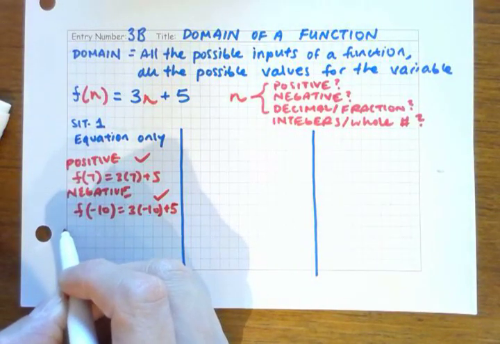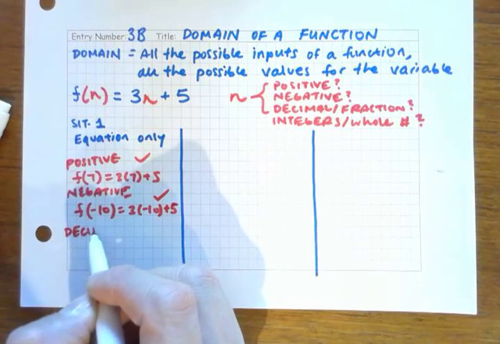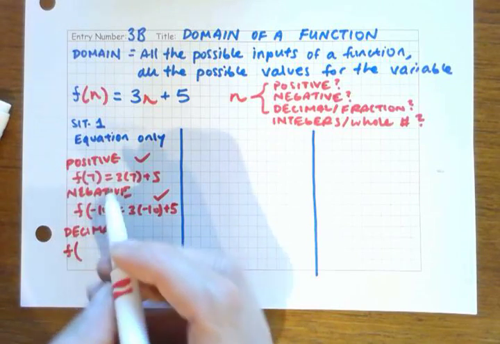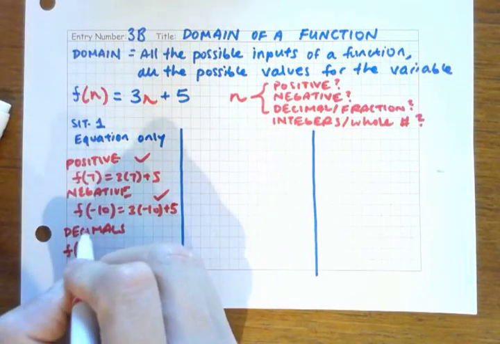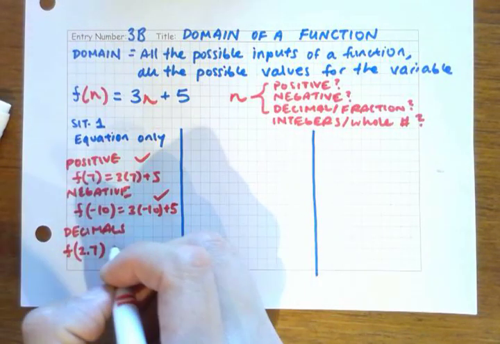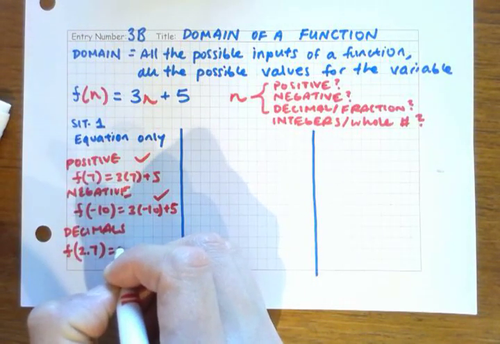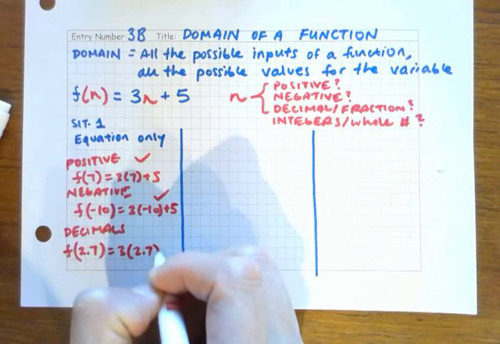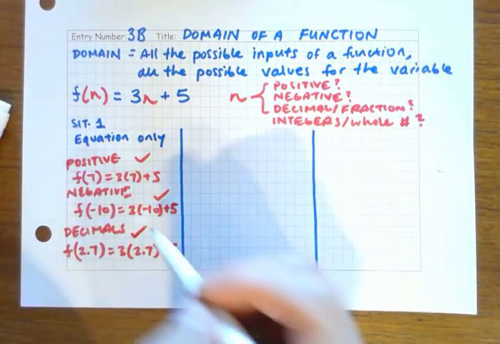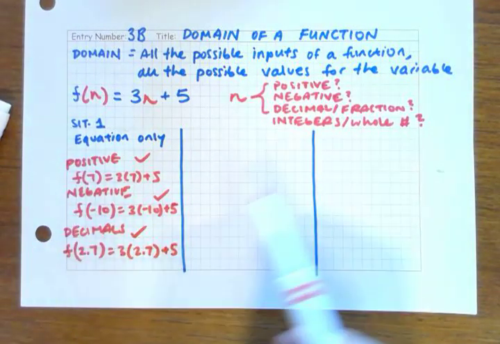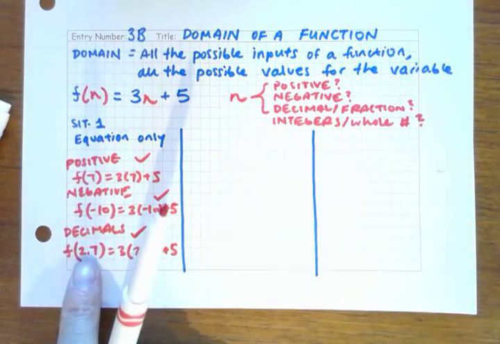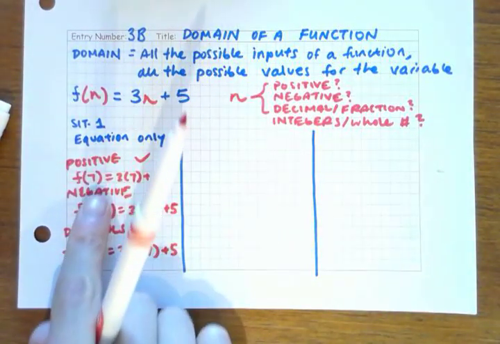What about if you have decimals or fractions? You ask yourself, well, can I evaluate the function for f of like 2.7? Sure, because then it would just be 3 times 2.7 plus 5, and I can evaluate that, so that works too. And then obviously integers and whole numbers also work. I can plug in any whole number, positive or negative.